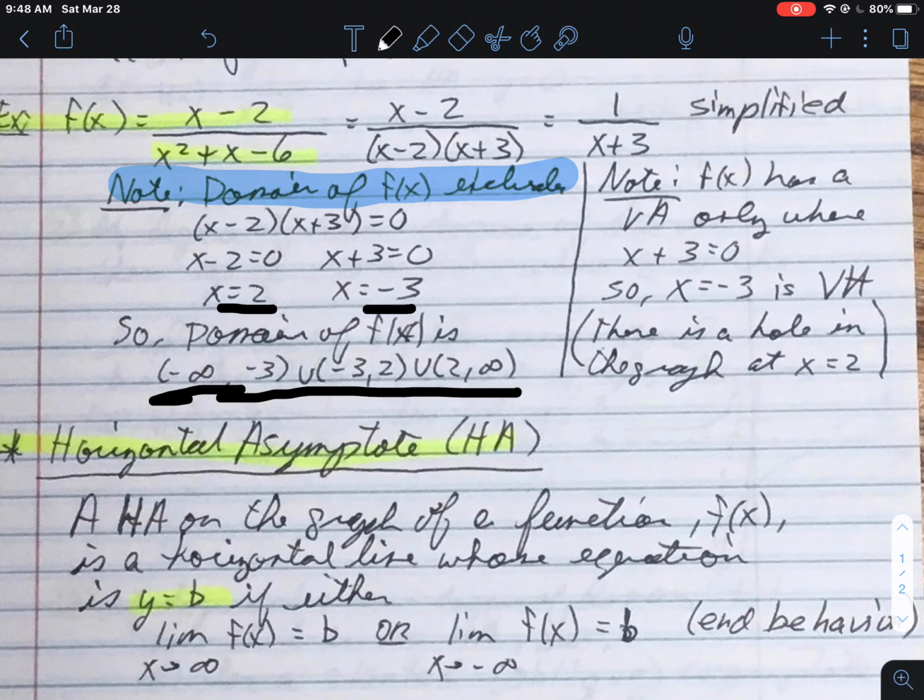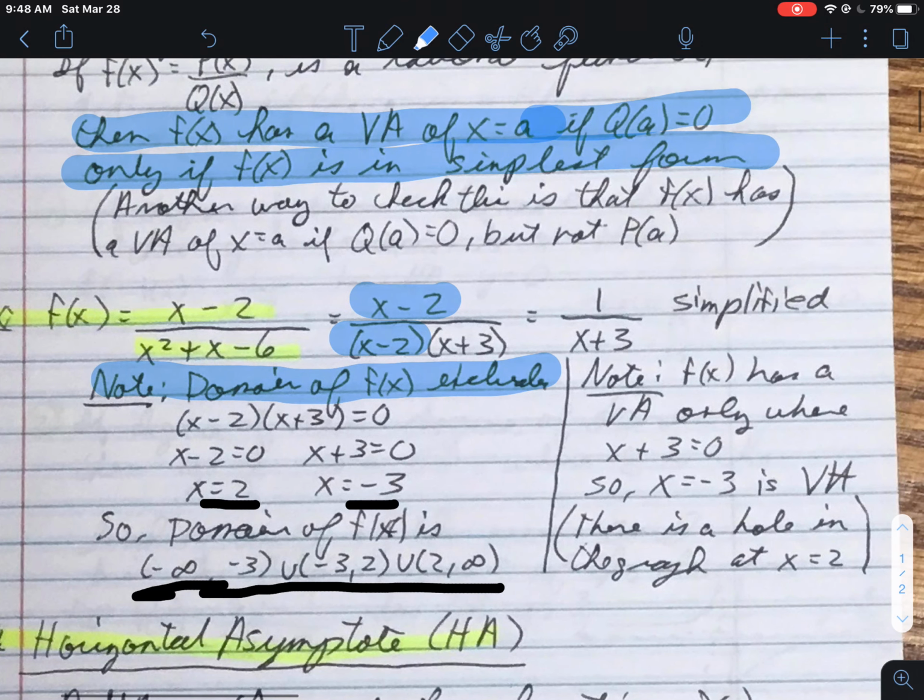Now again, that's the domain of our function. If we're looking for vertical asymptotes, we also first want to make sure the function is in simplest form. So because this function has a common factor of x minus 2, right, in that numerator and in that denominator, I can divide out x minus 2, and this goes back to what we had mentioned up here, the fact that 2, when I plug it into that function, we know it's already not in the domain. It makes my denominator 0, but it also makes the numerator 0.